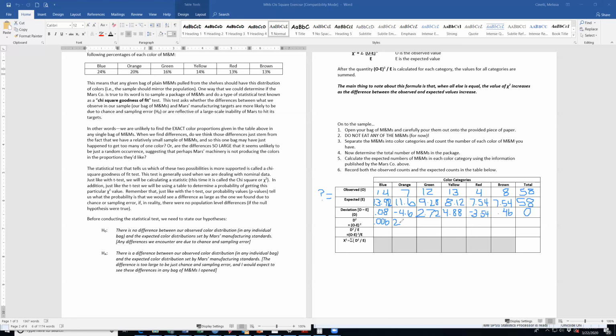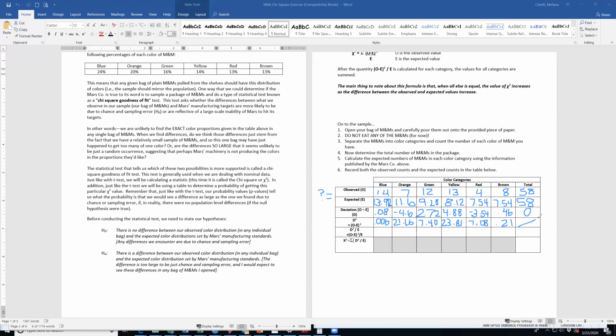Then 21.16, 7.40, 23.81, 7.08, and 0.21.